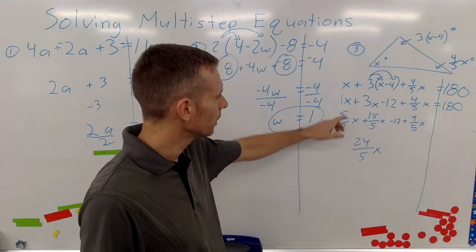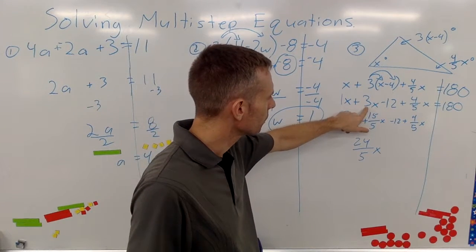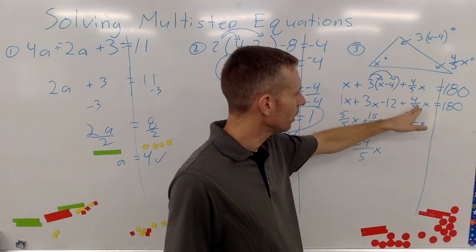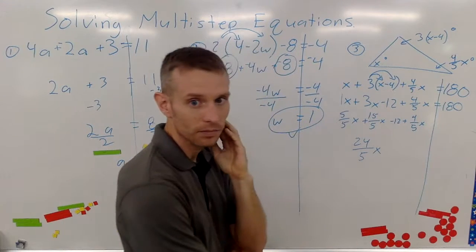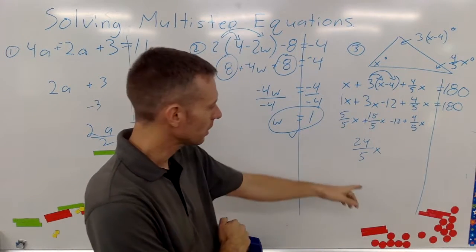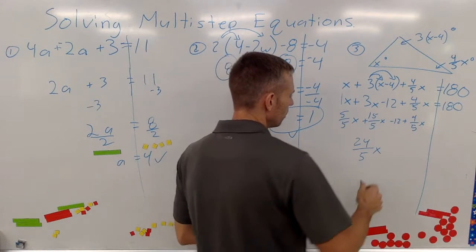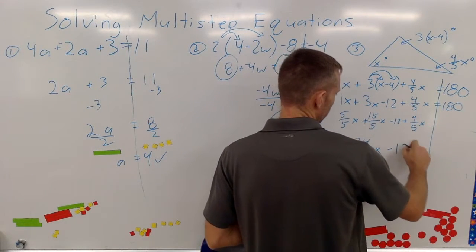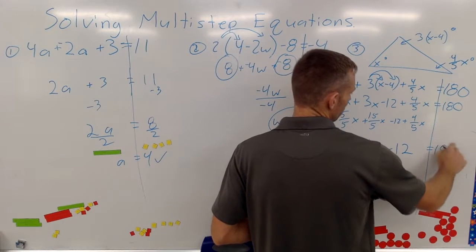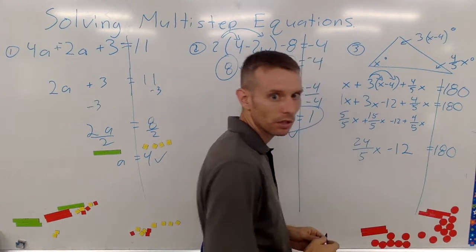Again, the other way of looking at that would be 1x plus 3x is 4x, so it's 4 and 4/5 x. Here was my negative 12 that I couldn't do anything with because it wasn't a like term, and it equals 180.